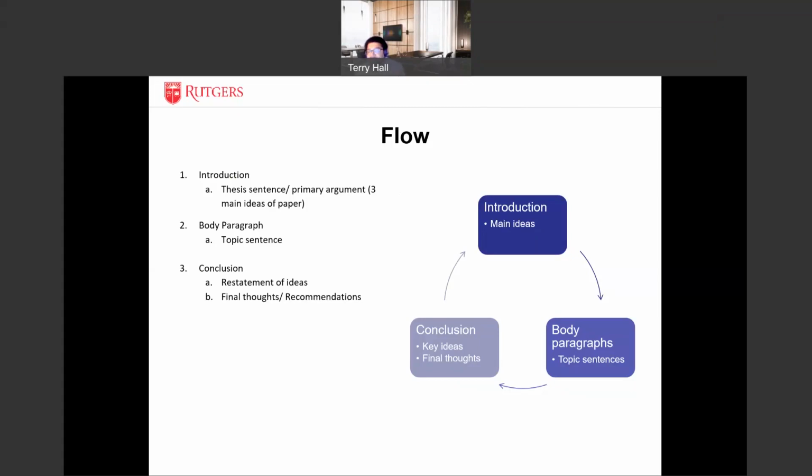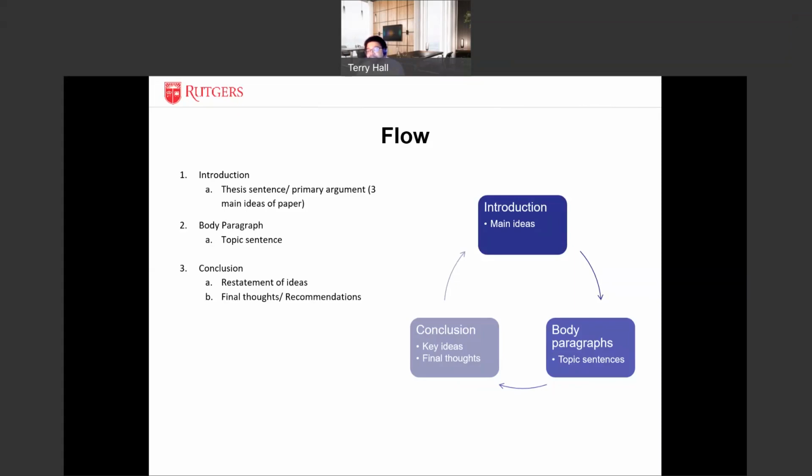So when we establish a flow, the main ideas are going to find their way into the introduction as we've talked about. The body paragraphs are where the main ideas introduced are going to be fleshed out. If a paper has three main ideas, each body paragraph should subsequently address each individual point.